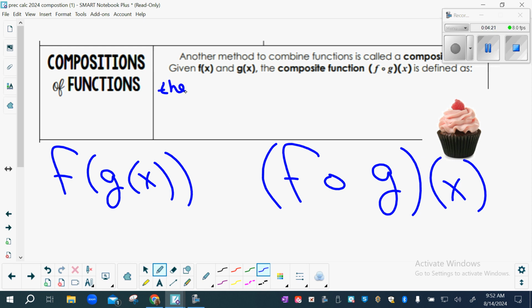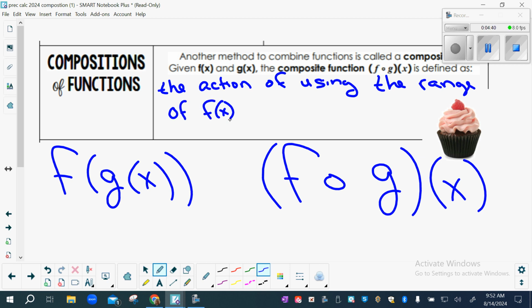And you're going to write this down: action of using the range of f of x for the domain of g of x.